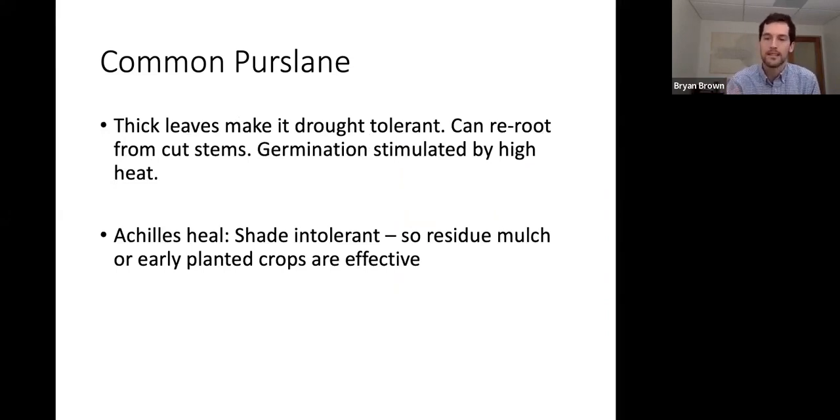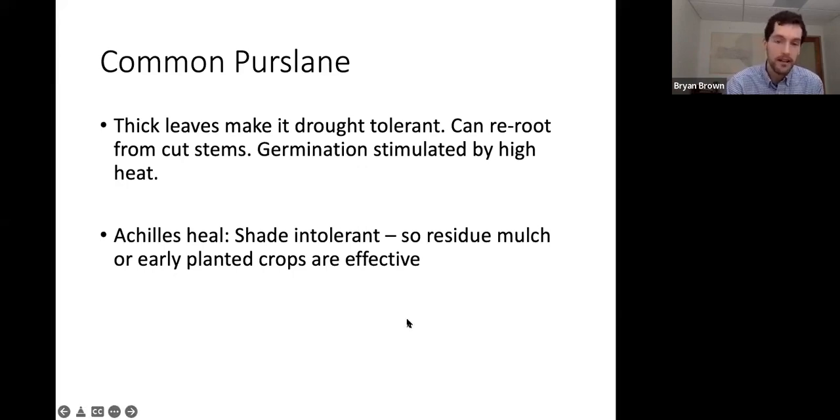And that waxy cuticle, I would imagine, makes it kind of difficult to control with herbicides. And as I mentioned earlier, it's actually stimulated by high heat. And this has been the only weed that, when I've used soil solarization in the past, has actually been stimulated and come up under the plastic and seems to enjoy that high heat.